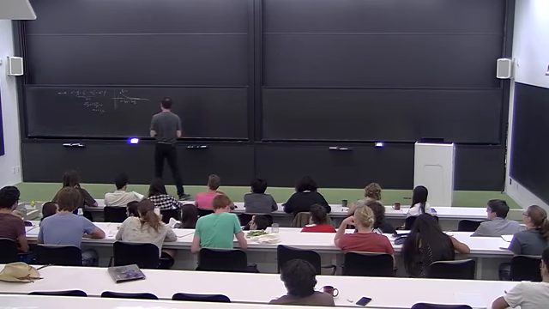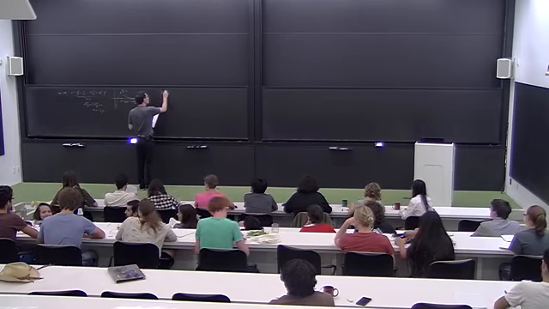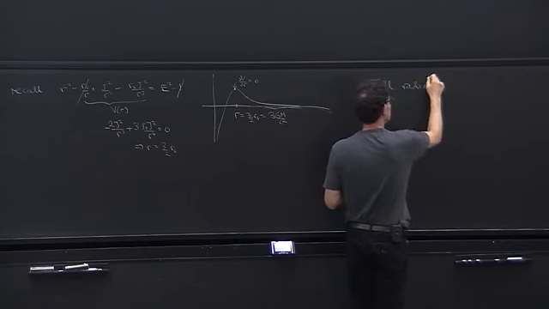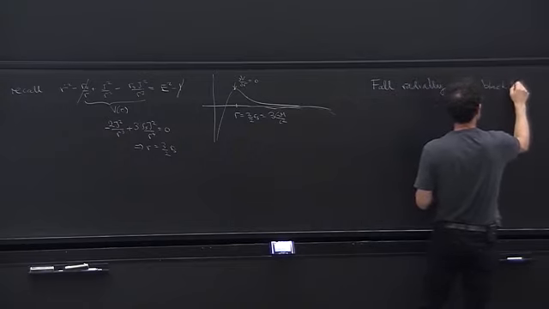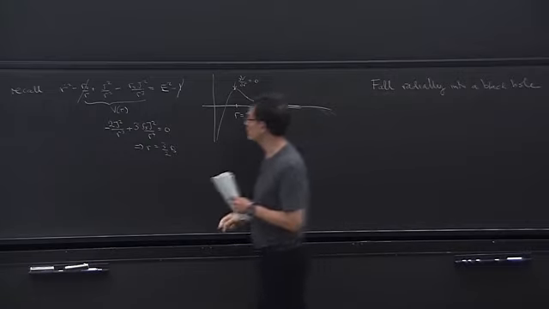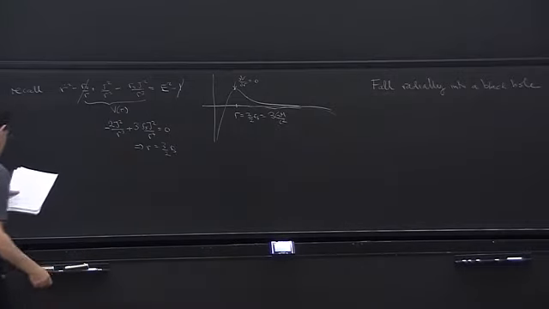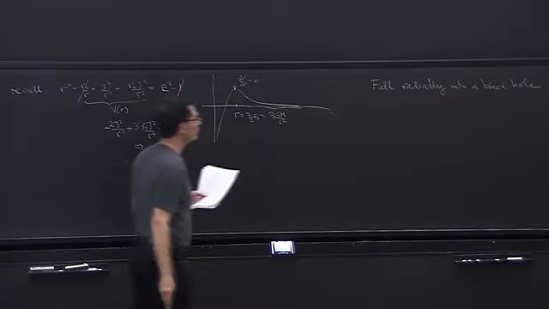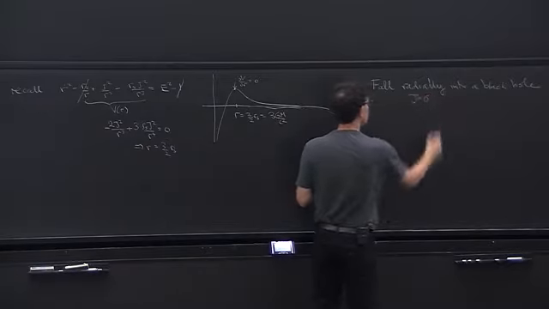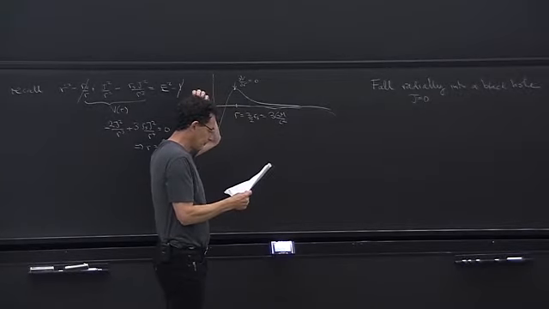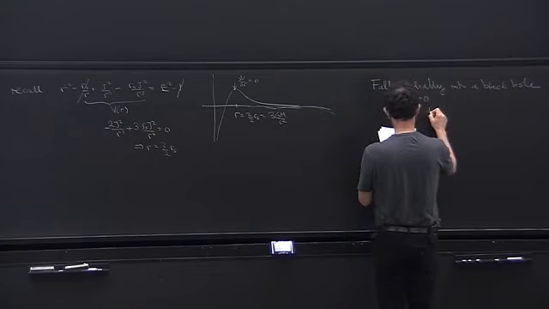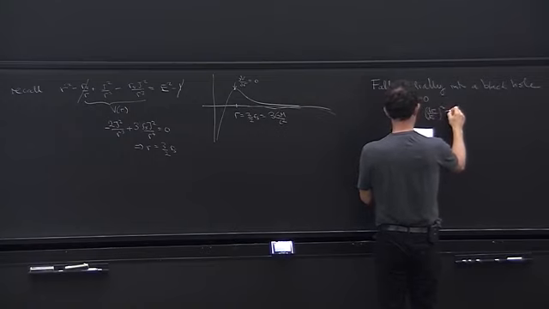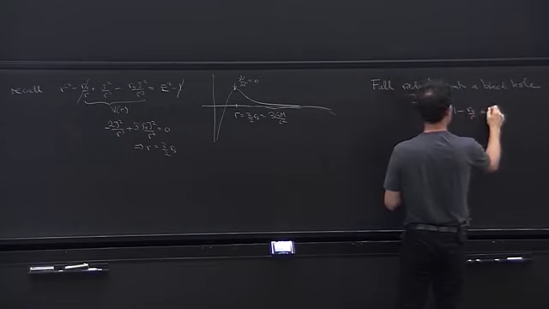Let us now do a simple exercise, which is we fall radially into a black hole. Okay, and in this case, J is 0 if it's radially. There's no angular momentum, and then the equation we have to solve is just (dr/dτ)² plus 1 minus r_s over r equals E².